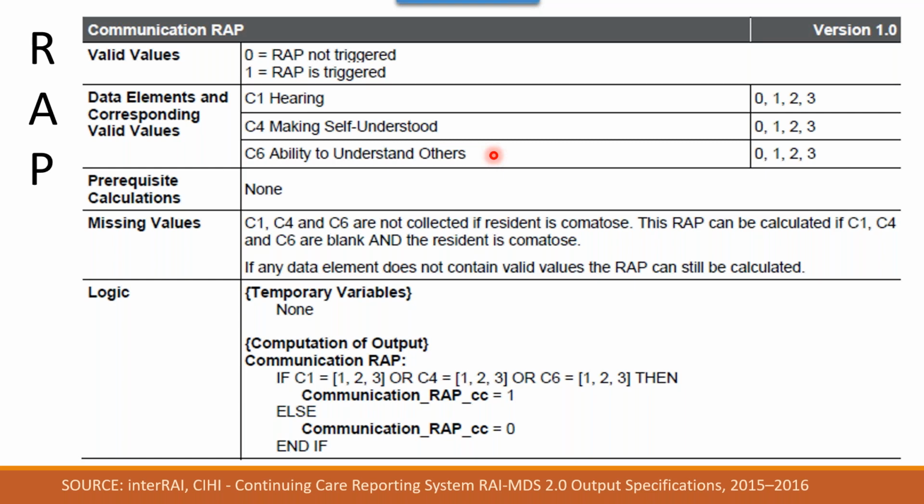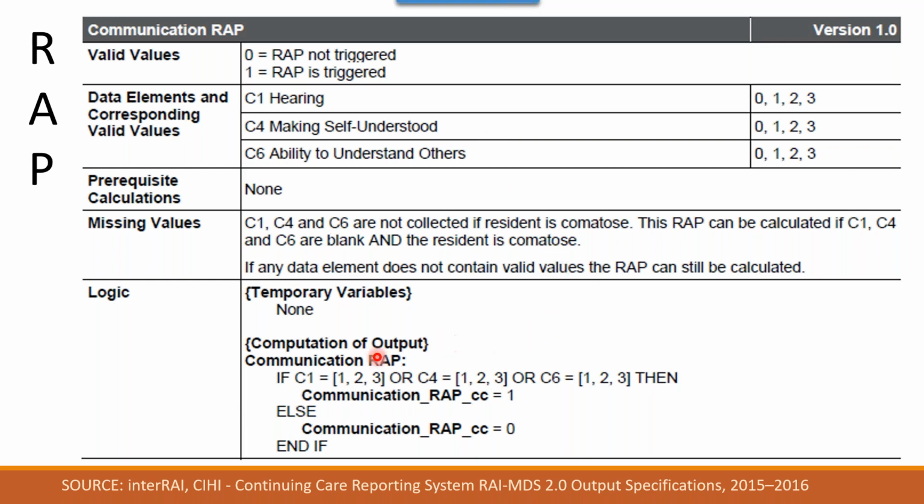Again, I'm not too thrilled with these items. I mean, the RAPs are a bit too sensitive. I believe that too many people trigger them. They're not really defining or specific enough in their calculation.